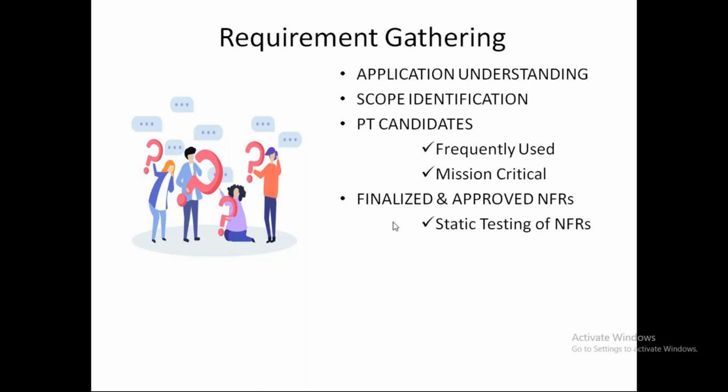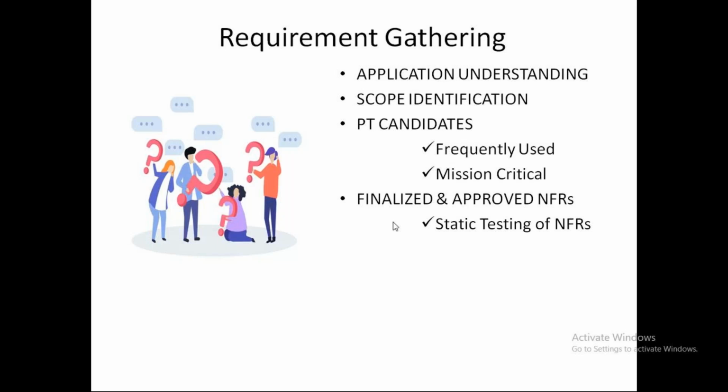Let me give you an example. The application or the transactions in the application should respond within 5 seconds. Let's say this is a requirement. Do you think this requirement is complete? No, this requirement is not complete because it tells you only about the response time.